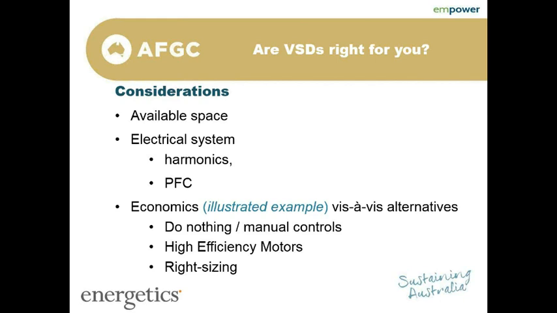The economics is probably, once it's suitable for your situation, then it's time to look at whether it's financially viable, and that's really relative to the other alternatives. And I suppose the first one there is just to do nothing.